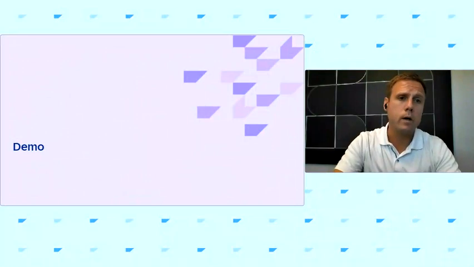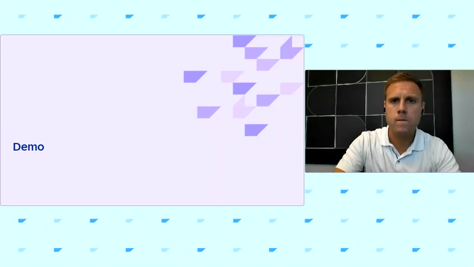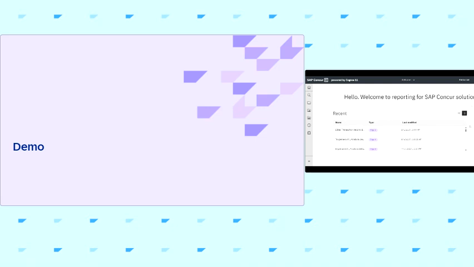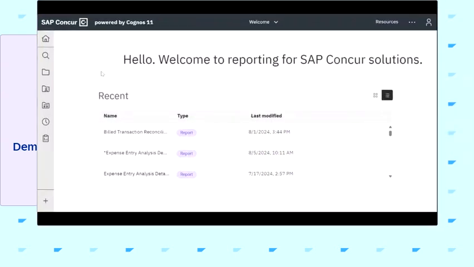All right, I'm going to share my screen, and we're going to take a little deep dive into our demo. You may be familiar, you may be unfamiliar, but this is your SAP Concur Cognos home screen when it comes to Intelligence.